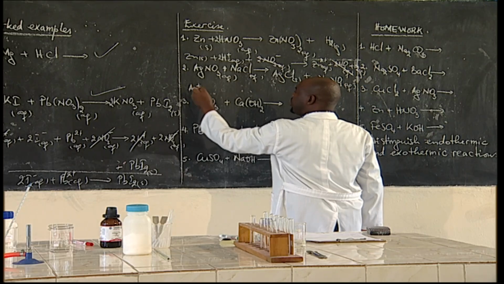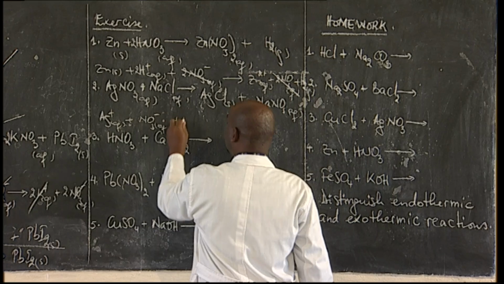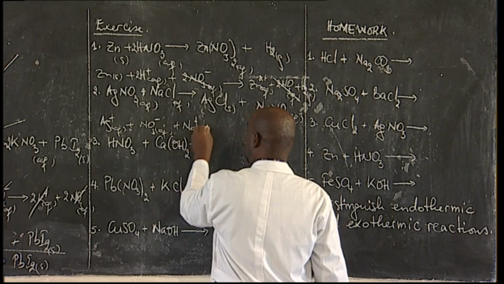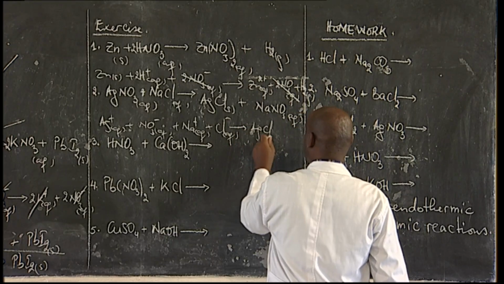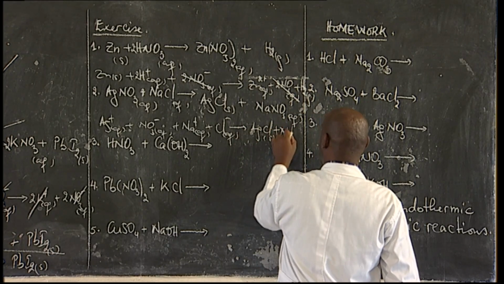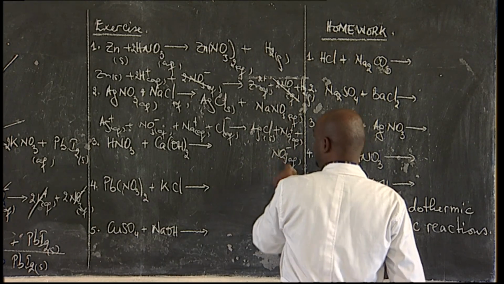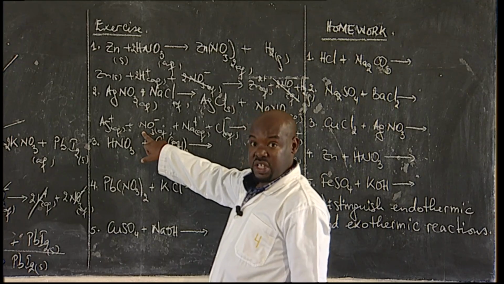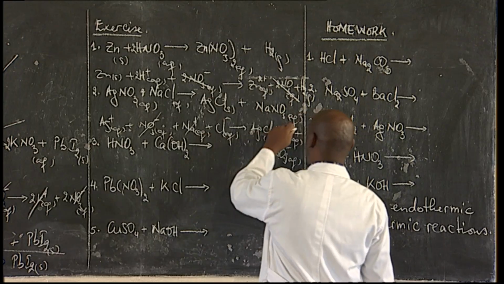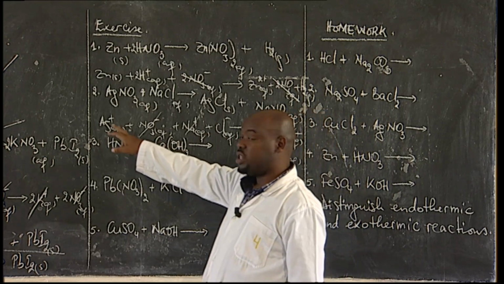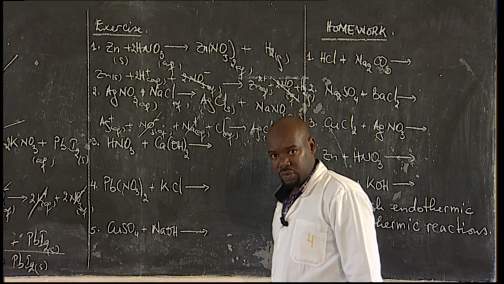So we have silver positive plus the nitrate ion plus sodium positive, the chloride ion, to produce silver chloride, which is solid, the sodium ion, and the nitrate ion. The nitrate ion is present in the free form here, and sodium is also present in the free form, so we cross them out, and our ionic equation remains silver reacting with the chloride ion to produce solid silver chloride.